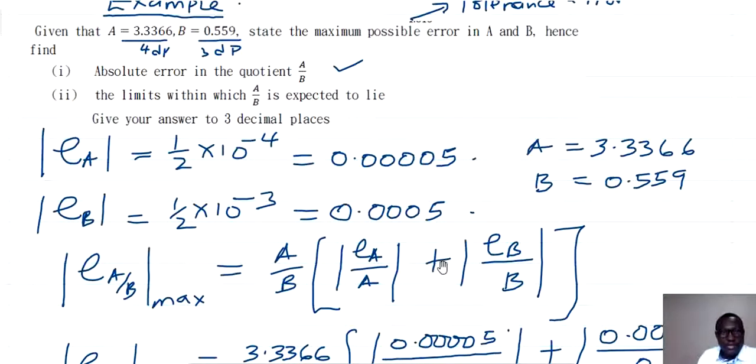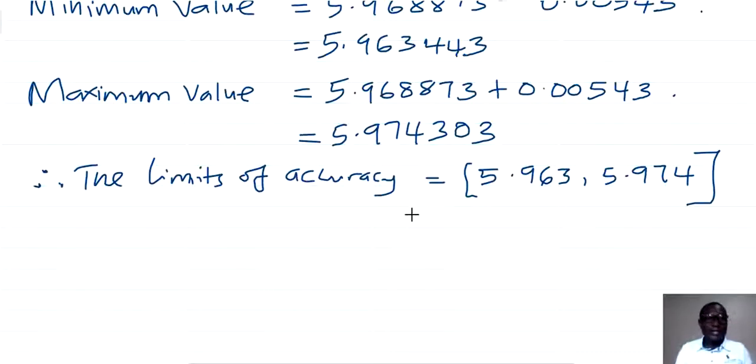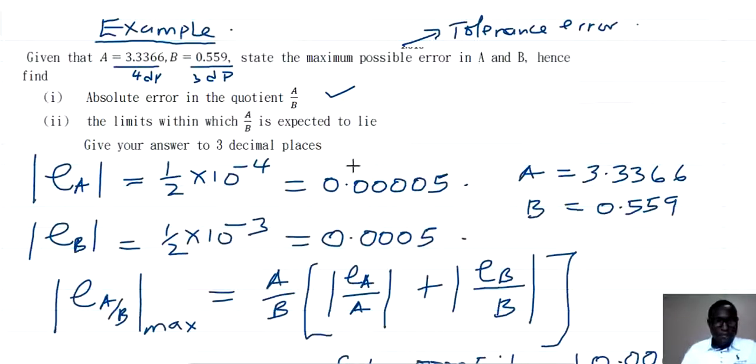So we write the minimum and maximum values to 3 decimal places: 5.963, comma, 5.974, and this here is our limits of accuracy. Now someone else can go ahead and find the percentage error in this. Alright, let's do that after we have gone through this.